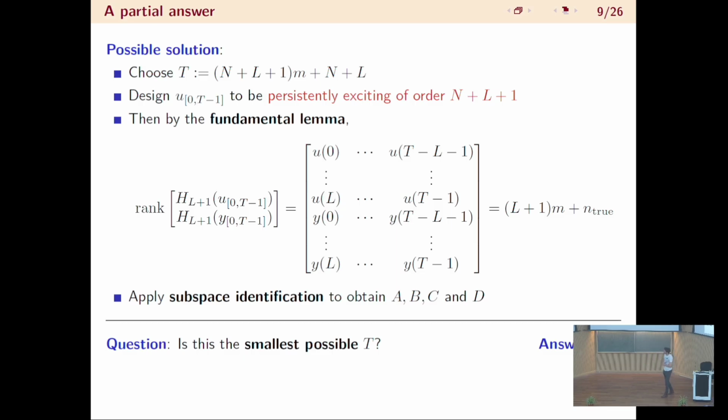And one way of improving over this persistency of excitation is, instead of doing an offline procedure where before doing the experiment I already design all of my inputs at once. For instance, in this example, before collecting any data, I could design my input U to be persistently exciting of order 5.